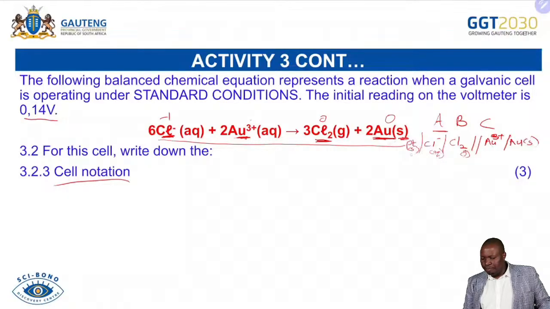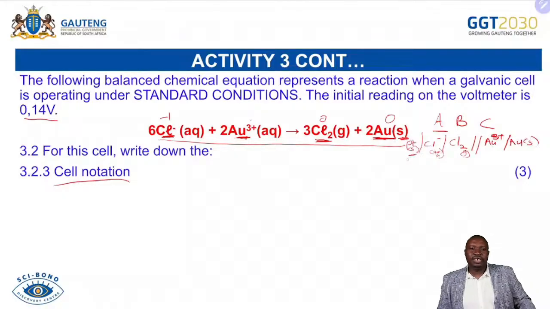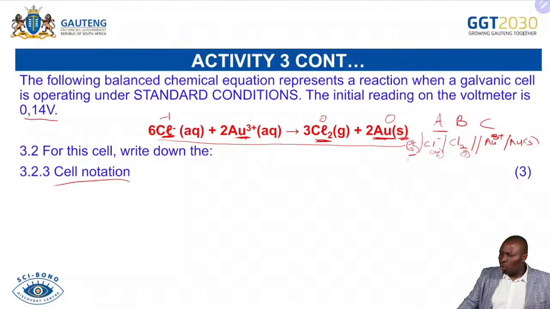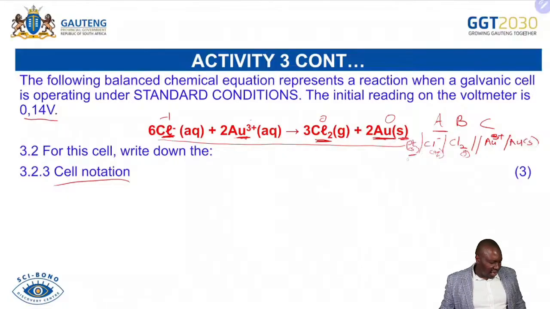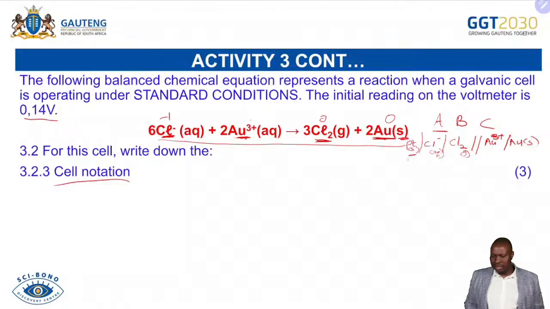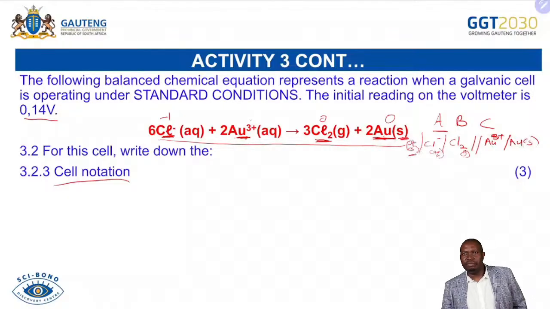So we have platinum now. We use platinum when we don't have a solid, because it's a good metallic conductor of electricity. So we'll have platinum there, and this side we had gold, which is solid, so it's fine. We leave it like that.